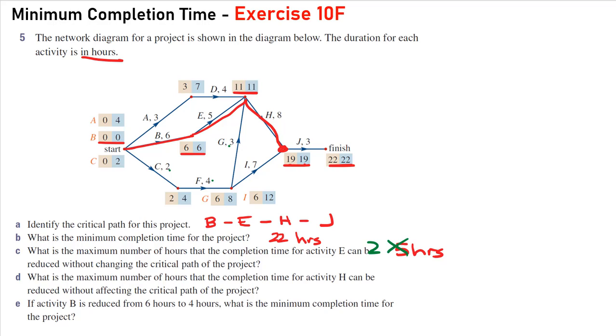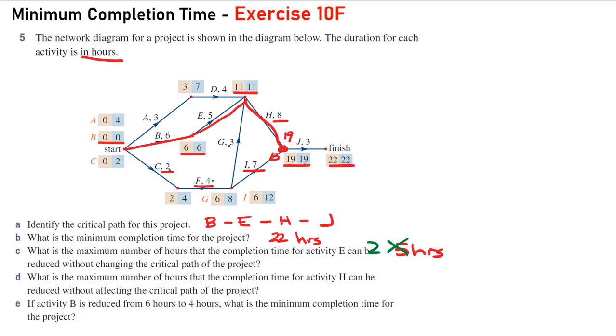So H comes into this junction here, and to get to that junction, this path takes 19 hours. The only other path into that junction is along the bottom here, which is activity C, activity F, and activity I. If we add that path together, we would get 2 plus 4 plus 7, which is 13.